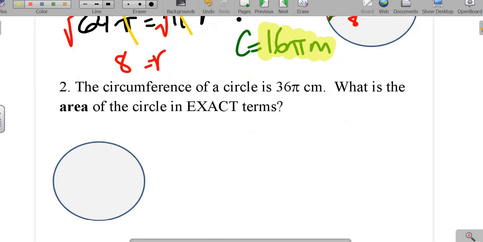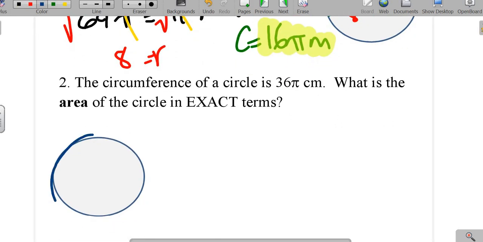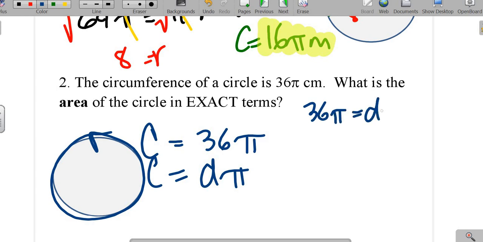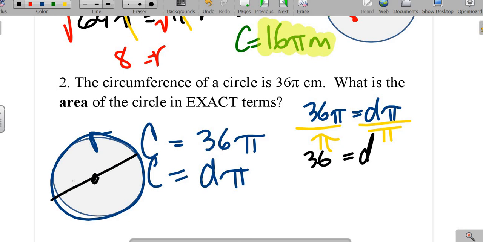Take a look here. The circumference of a circle is 36 pi. C equals d pi, so I have 36 pi equals d pi. Divide by pi both sides. And my diameter, therefore, is 36, which makes both of these 18.